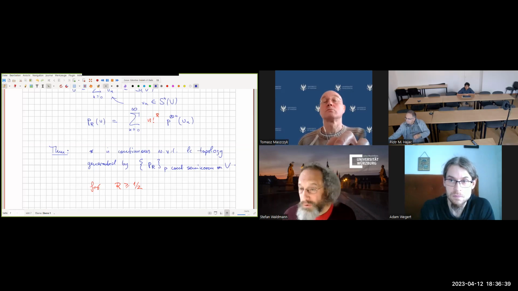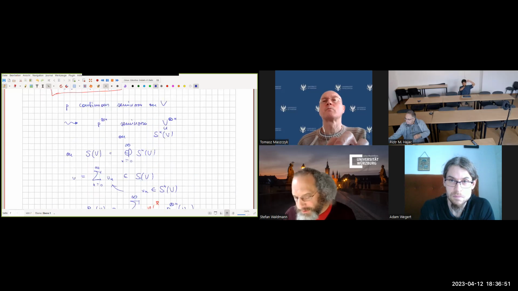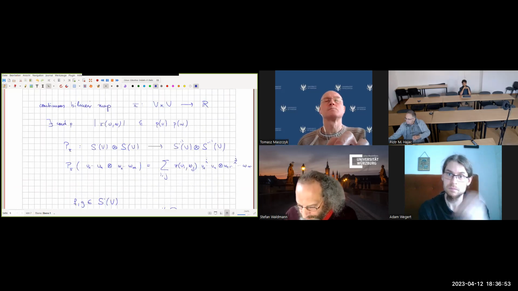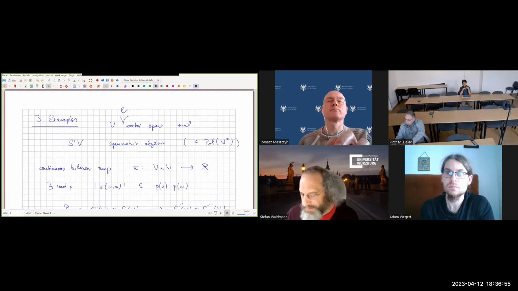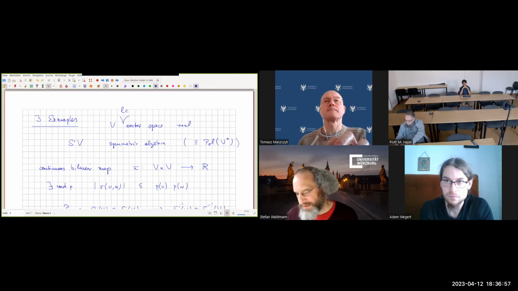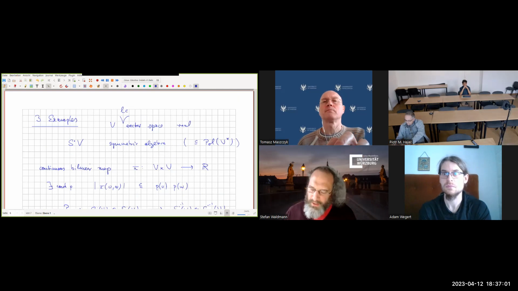You can study this example. The star involution is continuous. That's almost trivial, and you have positive functionals. If R is positive, in particular for 1/2, then the evaluation functionals built out of elements in the continuous dual turn out to be continuous. If I view them as functions on the continuous dual, I can evaluate at points.